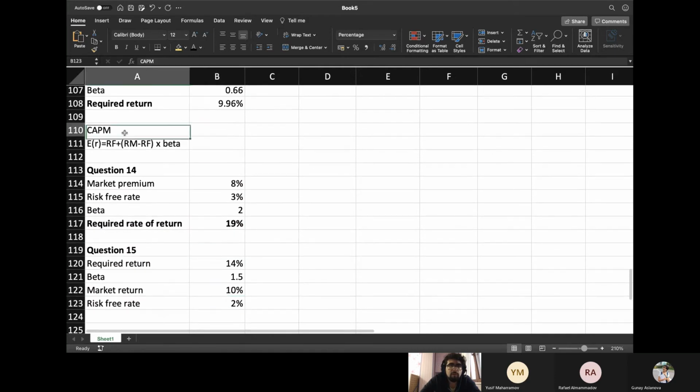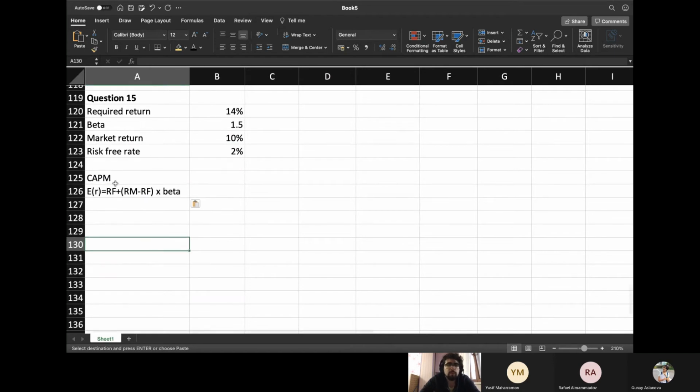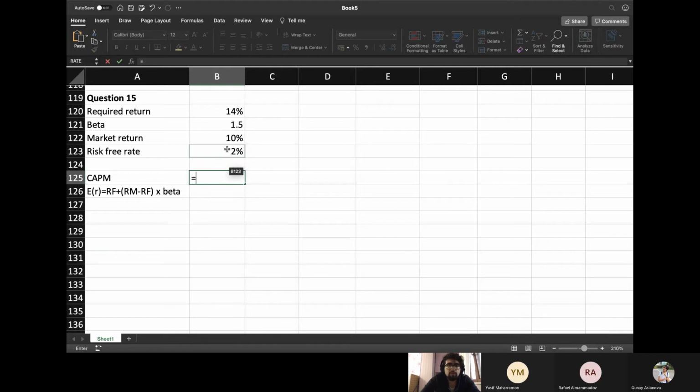I referred to the formula of CAPM again, nothing different, just solved the equation for RF. To check correctness, we can also compute market return minus risk-free times beta: 14%, the same.